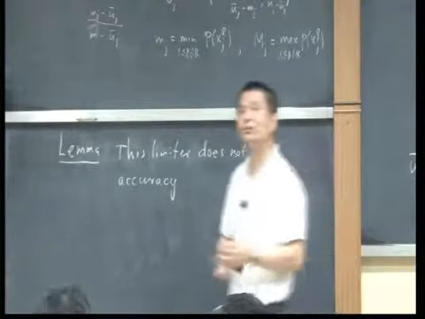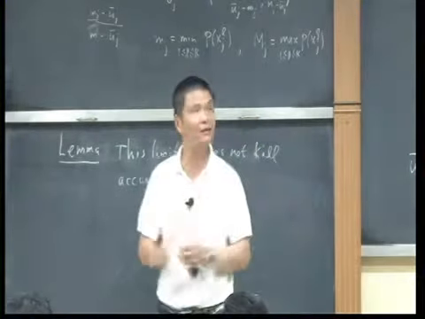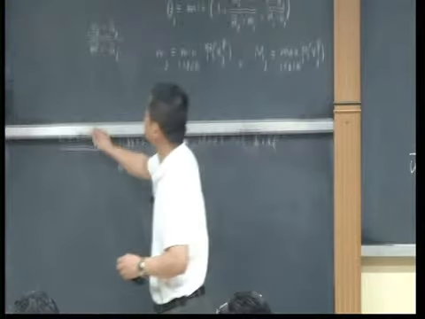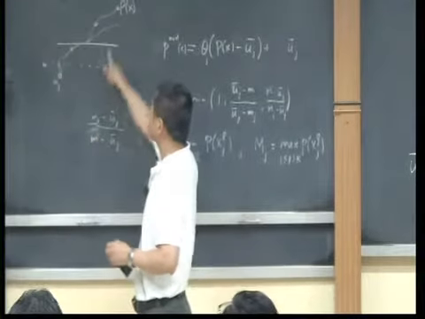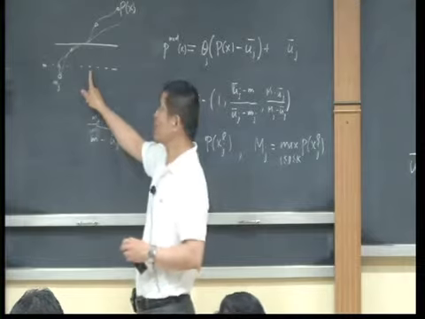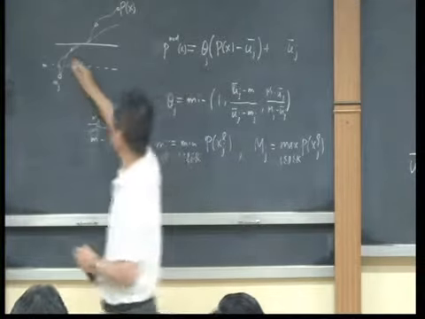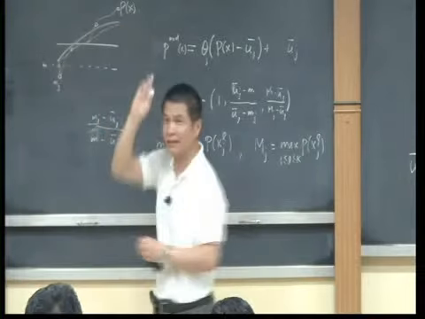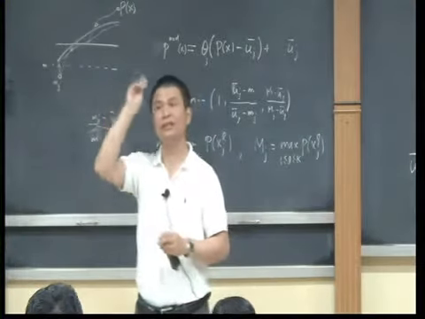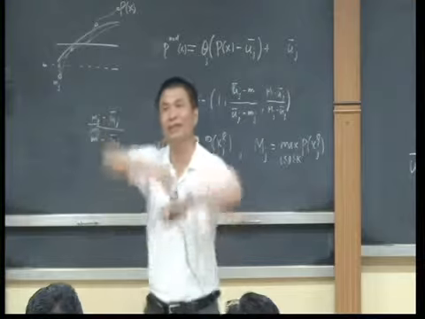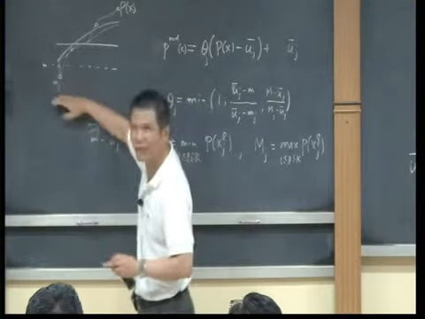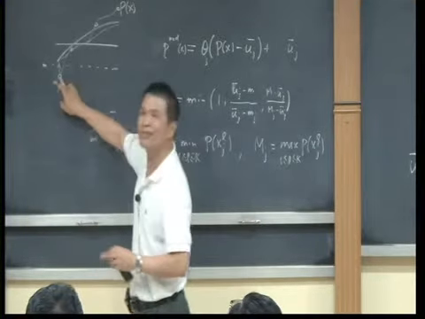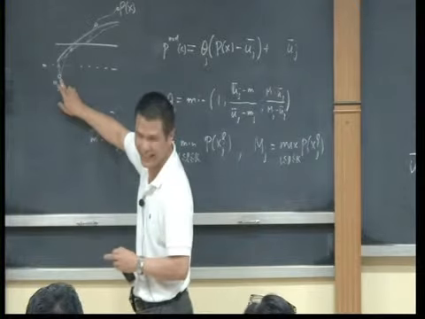Let me explain to you why intuitively it does not kill accuracy. Look at this picture. The cell average is above the bound. The true solution, if it exists, is also above the bound. That's the key. The exact solution for the PDE is above the bound. It's not below here. Your numerical solution is below, that means you are in error.